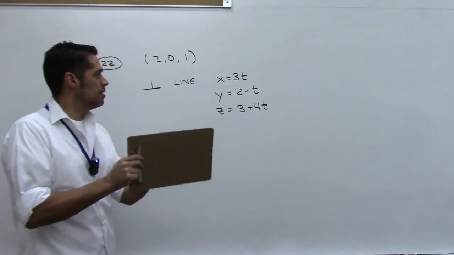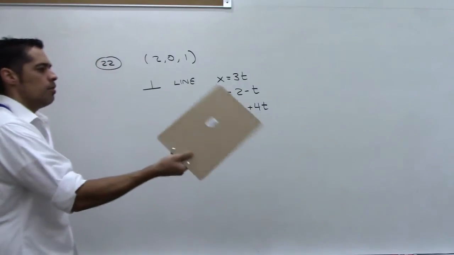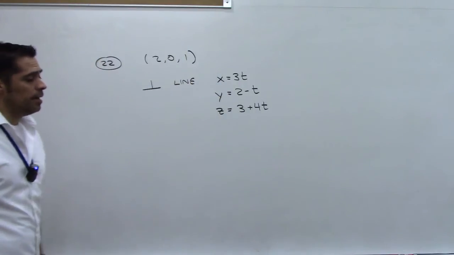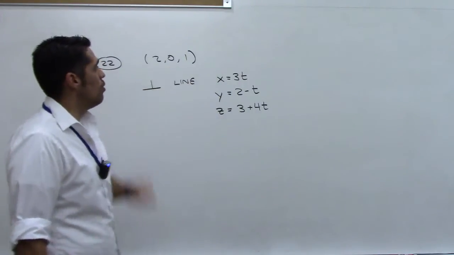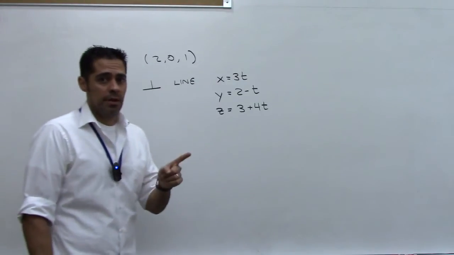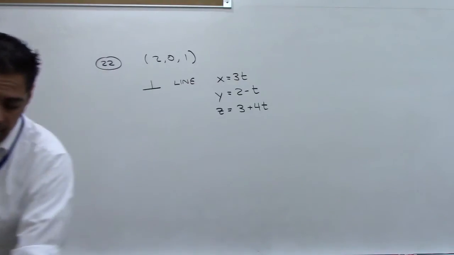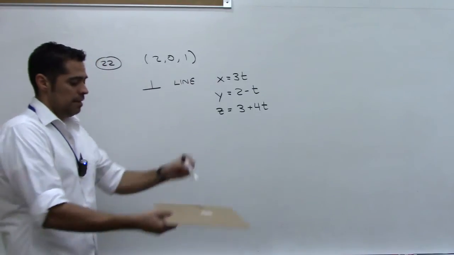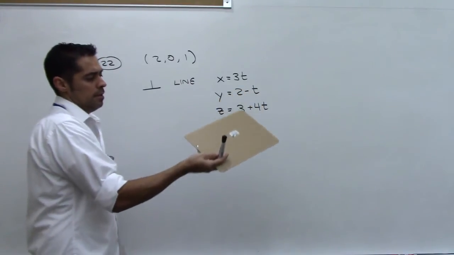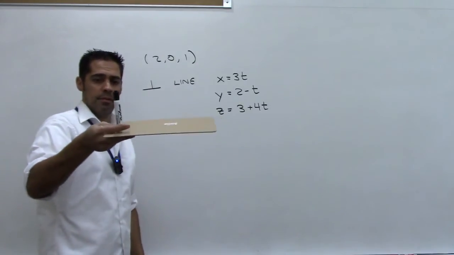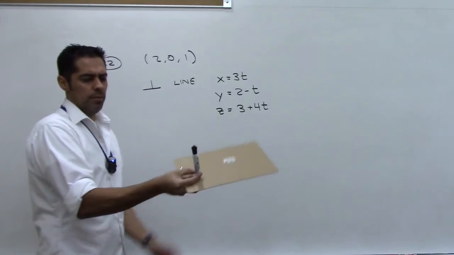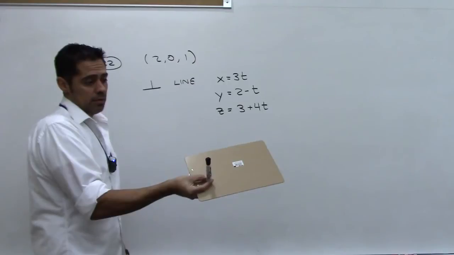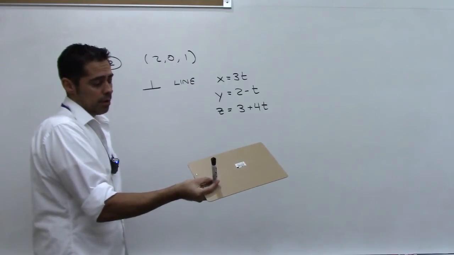So here's a nice rigid plane. I'm trying to find the equation of this plane. And what I know is that it goes through that point. So remember, for a plane we need a point and a normal vector. I have a point, so that's good. The only thing left is to find a vector that runs out of the plane, so perpendicular to the plane. Any vector that runs perpendicular to this plane will work.